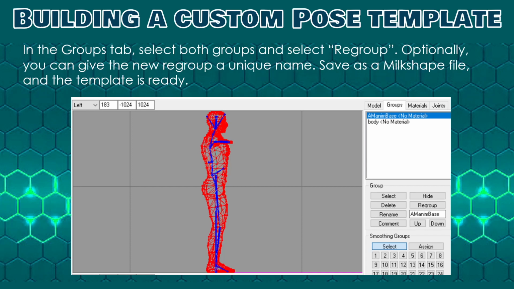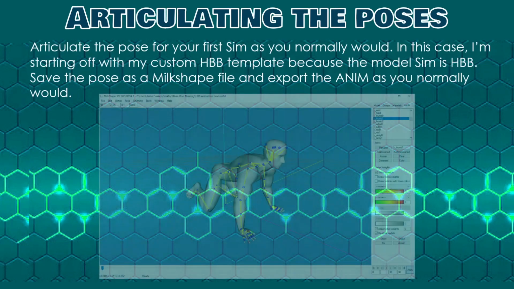We select both groups. We click that regroup button, and then we rename it something, just to make sure that when you're working with the poses, this has a name distinct from any other models that you're using.